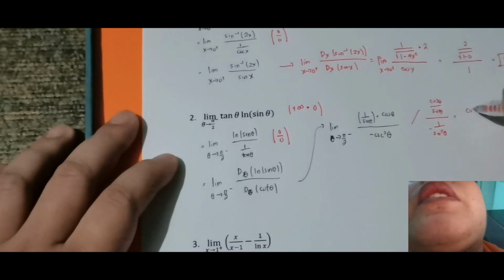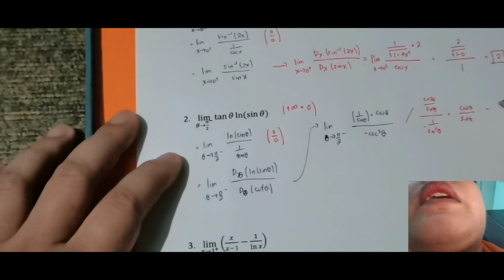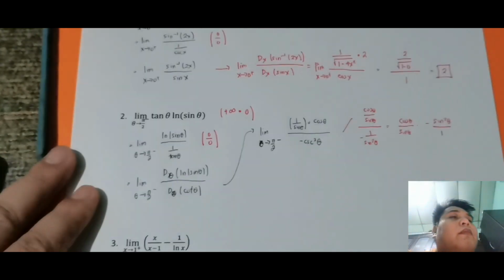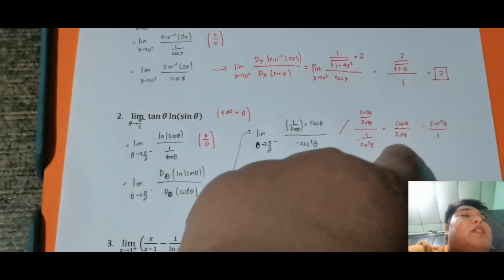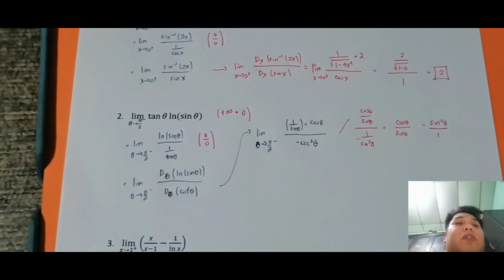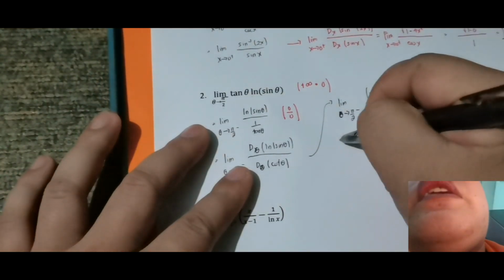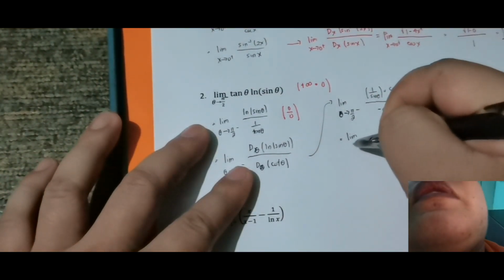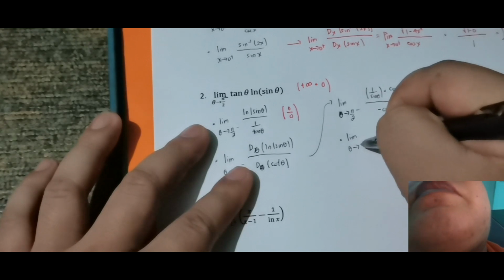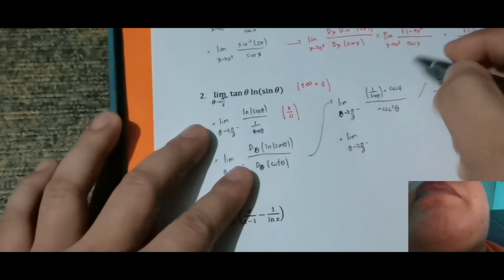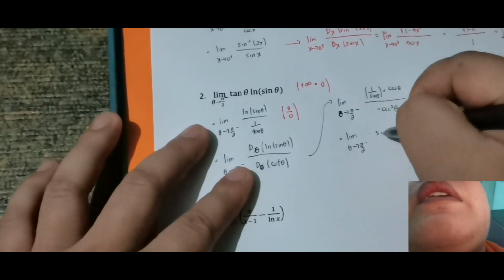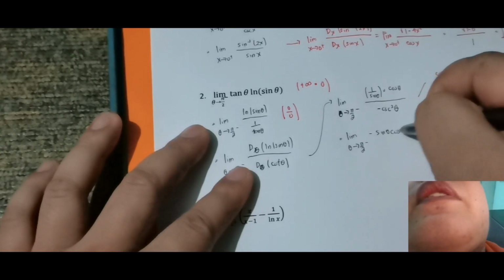So pag sinimplify, this is cosine theta over sine theta times negative sine squared theta over 1. Cancel isang sine, so cosine theta, sine theta lang yung matitira. So negative sine theta cosine theta. So this is just equal sa limit as theta approaches pi over 2 from the left ng negative sine theta cosine theta.